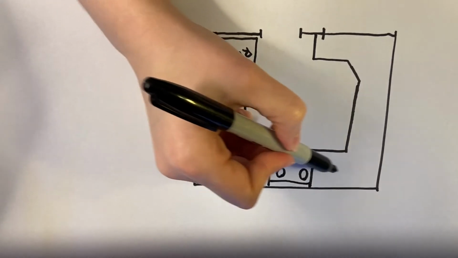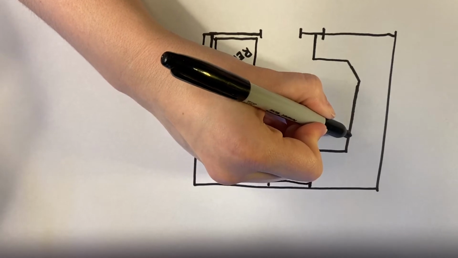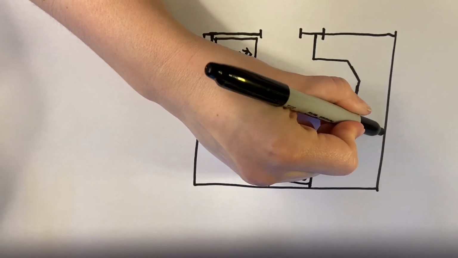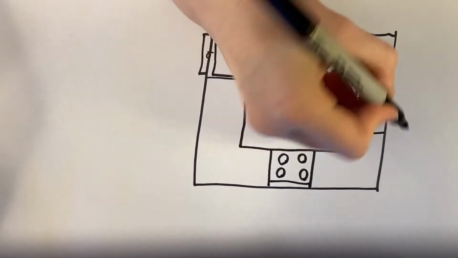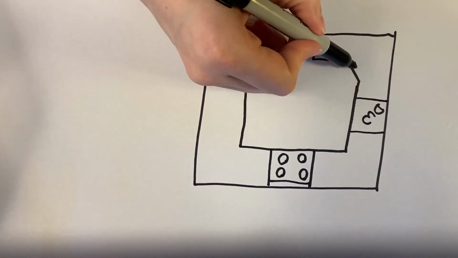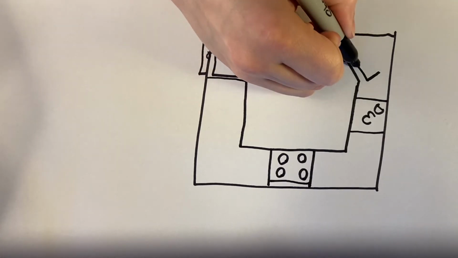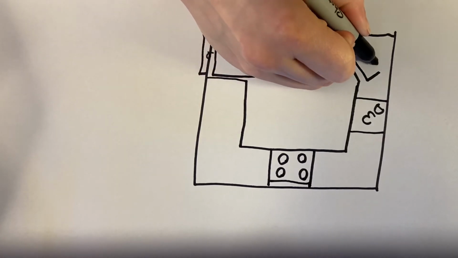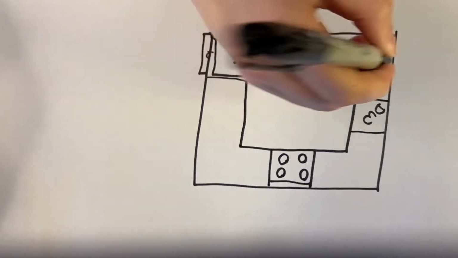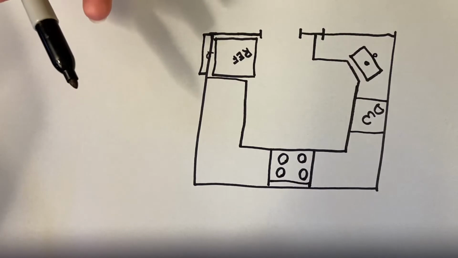And then no other appliances. And then I've got a small cabinet here, and then I've got my dishwasher. DW for dishwasher. And then like I mentioned before, I have an angled sink, so I'm just gonna sketch that in just like that. And now you have all of your cabinetry drawn in.